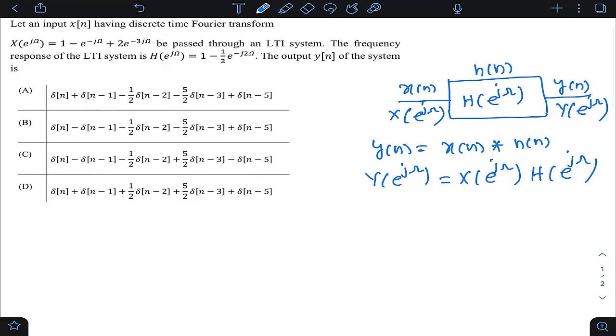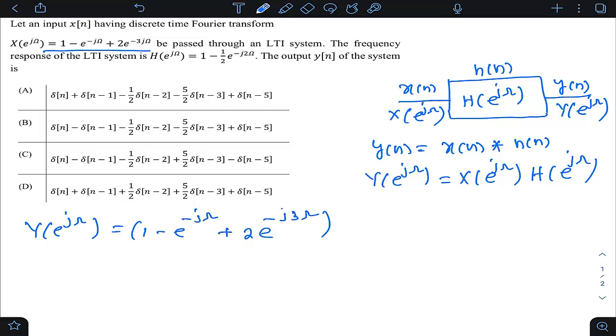So Y(e^jω) is equal to X(e^jω), which is 1 minus e^(-jω) plus 2e^(-j3ω), multiplied by 1 minus 1/2 e^(-j2ω).